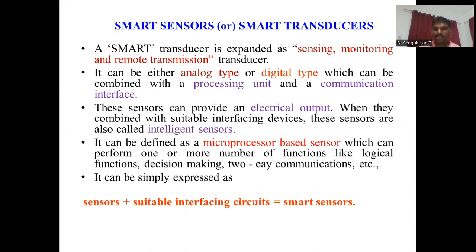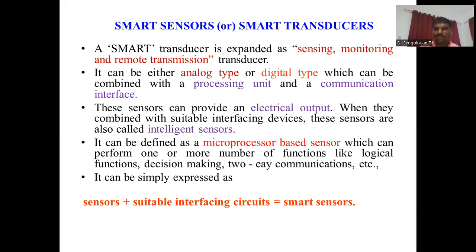That means you can sense, monitor and do remote transmission using this transducer. The signal may be either analog or digital, where you can combine the processing unit as well as the communication interface by using this smart transducer.